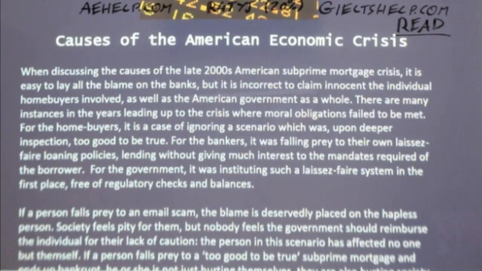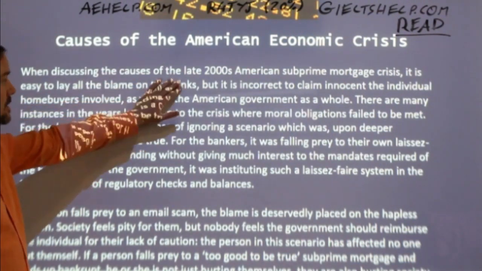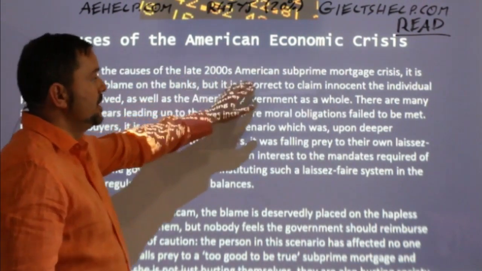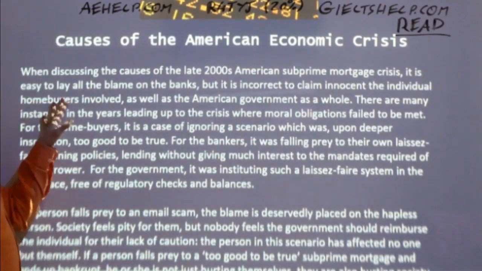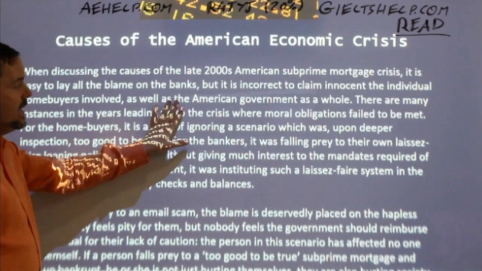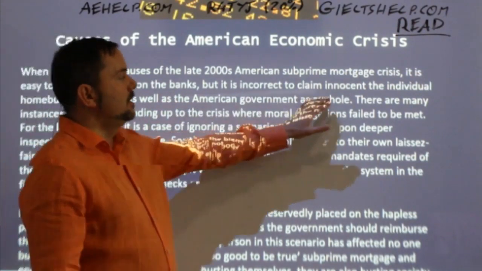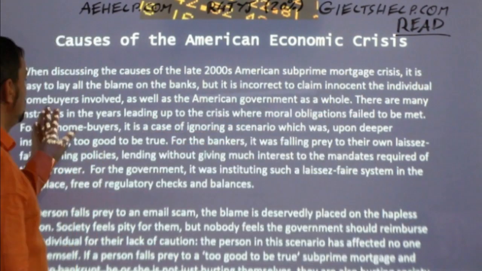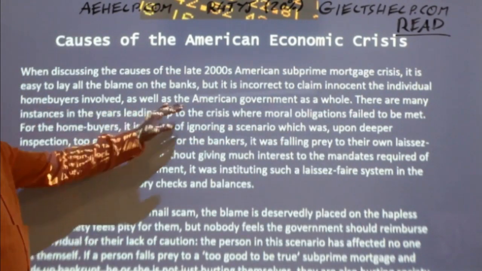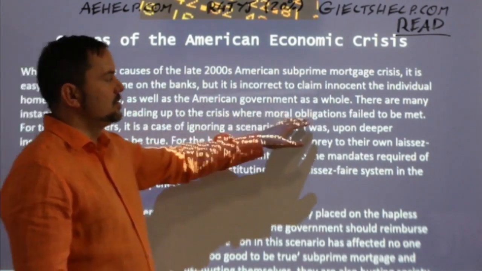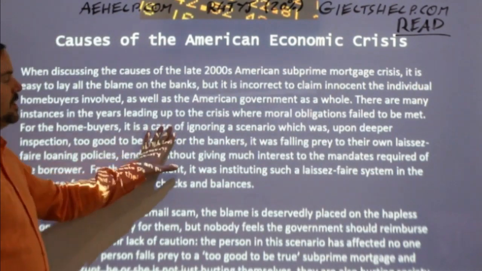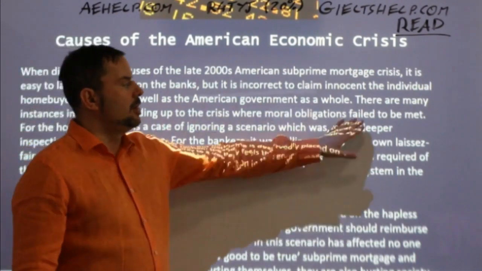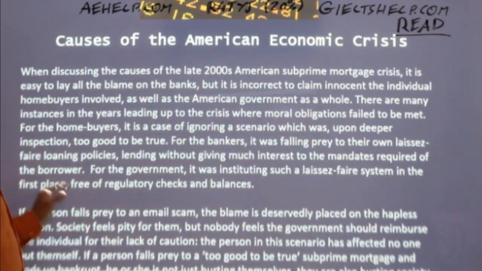Here we go. When discussing the causes of the late 2000s American subprime mortgage crisis, it is easy to lay all the blame on the banks, but it is incorrect to claim innocent the individual homebuyers involved as well as the American government as a whole. There are many instances in the years leading up to the crisis where moral obligations failed to be met.